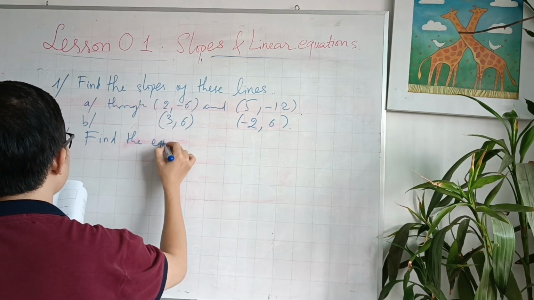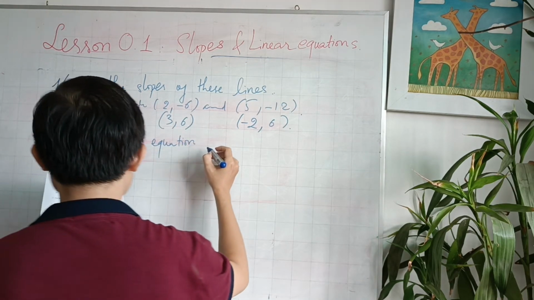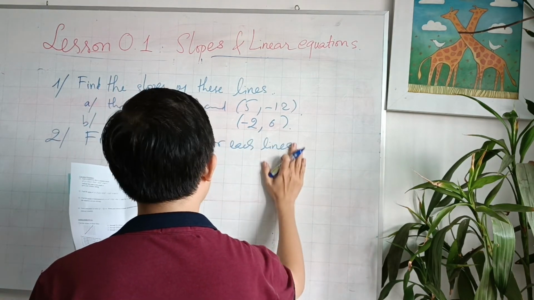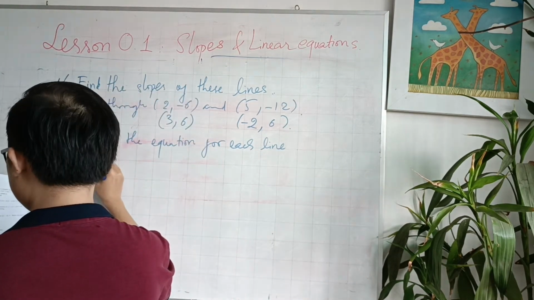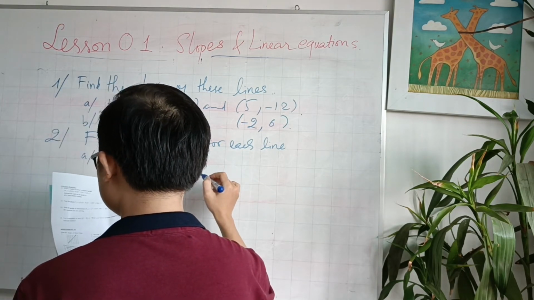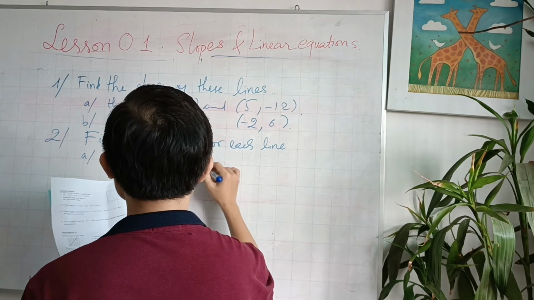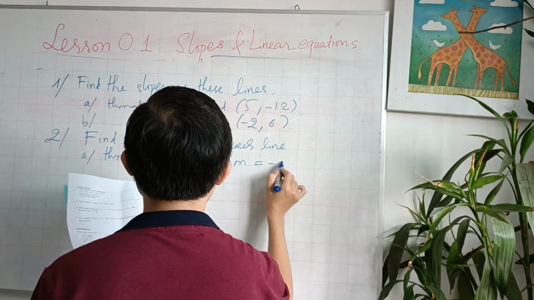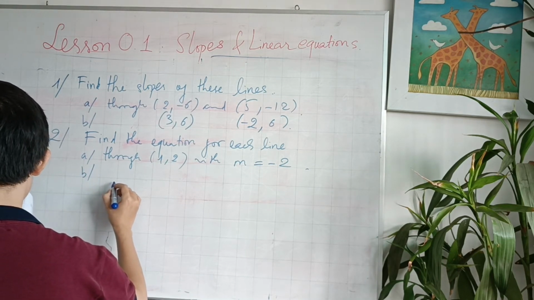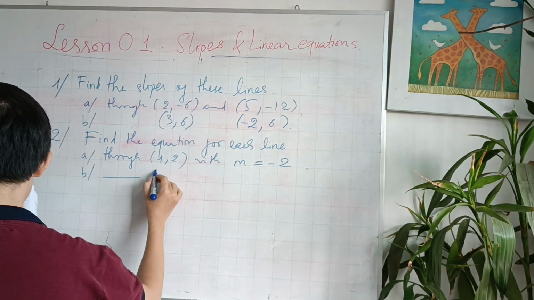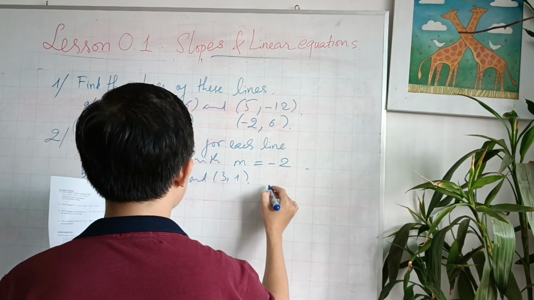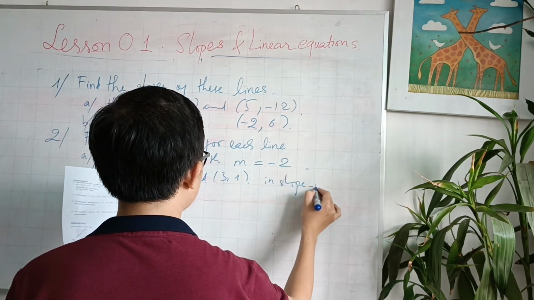Write the equation for each line. A: through 2, 1, 2 with slope m equals negative 2. B: through 2, 0 and 2, with undefined slope.